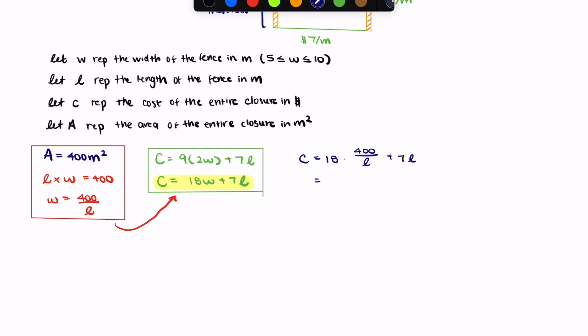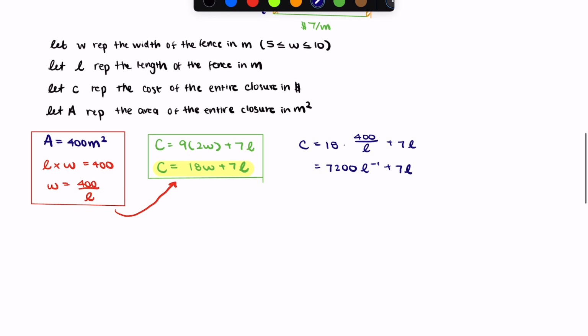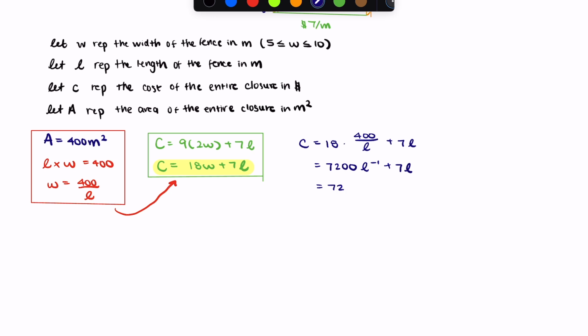Here we can rewrite this as 7,200 L to the power of -1 plus 7L, which is equal, again, we can rewrite it as 7,200 over L plus 7L.